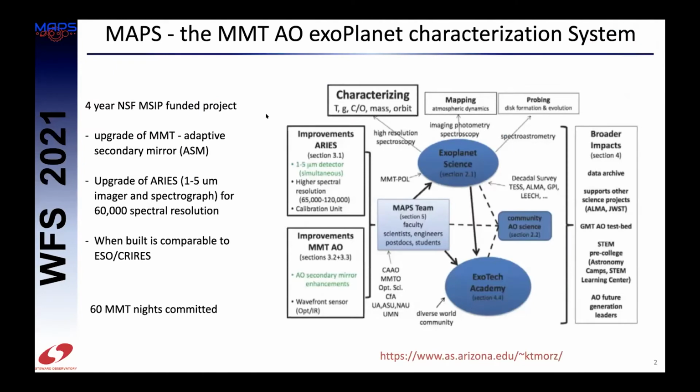MAPS is basically an upgrade, a refurbishment, of the old legacy adaptive optics system, which stopped working a few years ago. This system is funded to upgrade the AO system, including the adaptive secondary mirror, electronics and software, and also science cameras, Aries and the polarimeter camera.